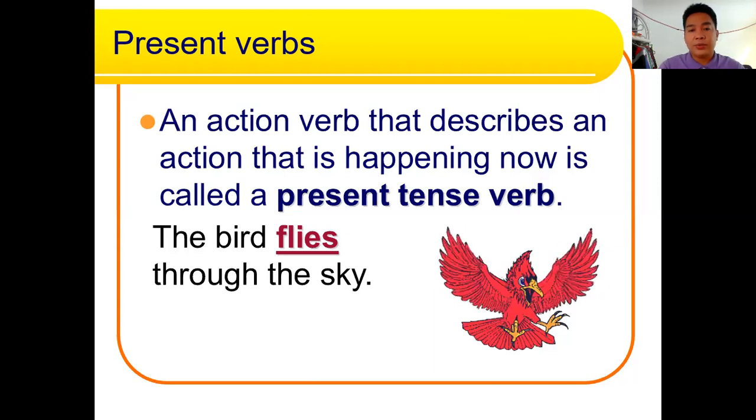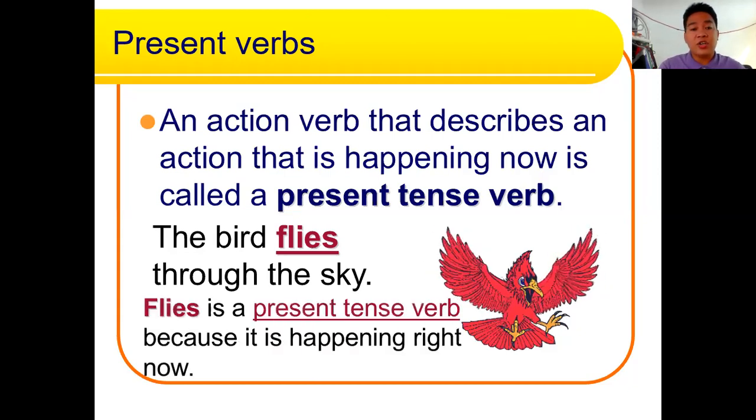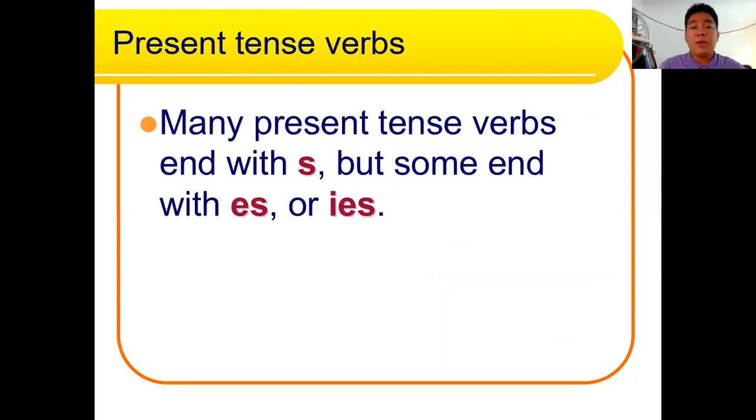So the action verb here is flies because the action is happening right now, in the present tense. Present tense verbs end with s, but some end with es or ies.